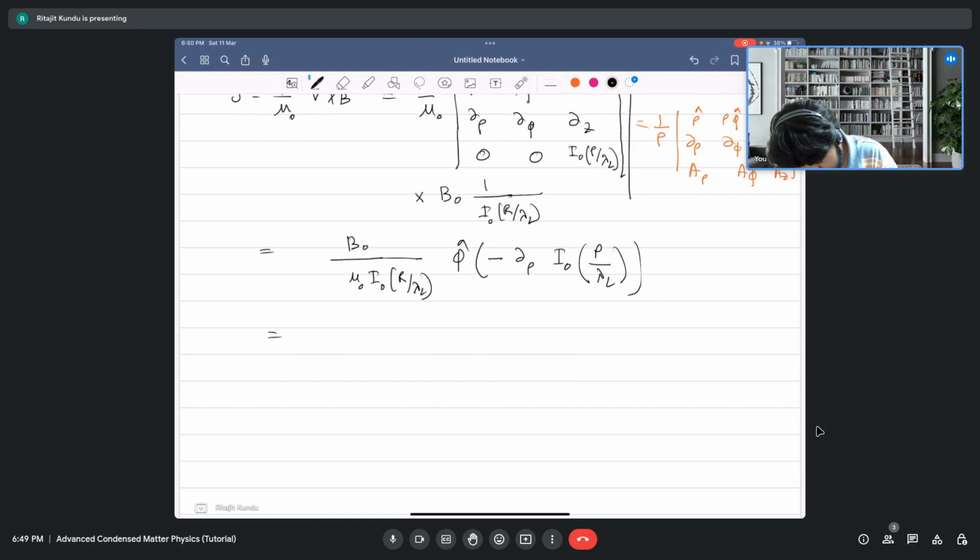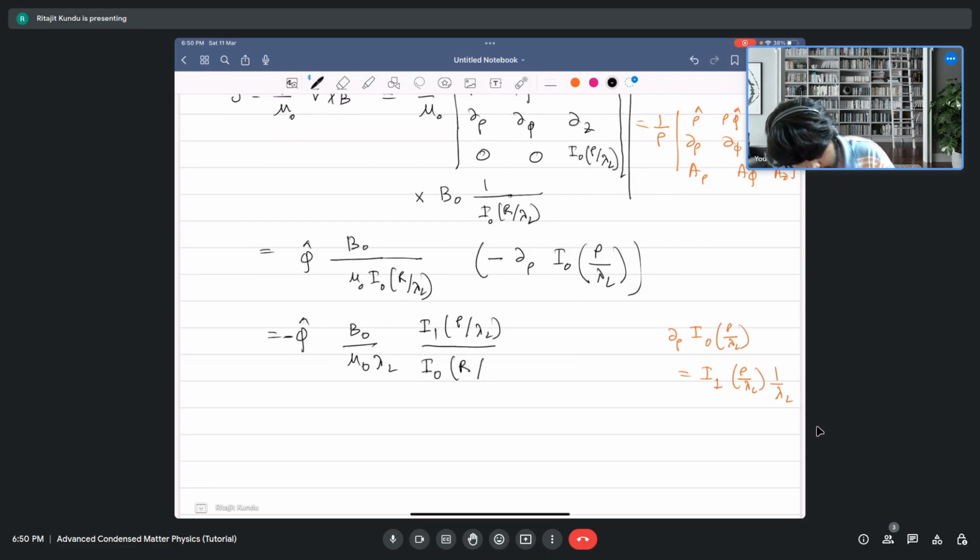There is another identity of this special function: if you have I naught of rho by lambda L, the derivative gives you I1 of rho by lambda L times 1 by lambda L. So the result will be B naught over mu naught, with a minus I1 of rho by lambda L, and on the top I naught of R by lambda L. This is the full current.